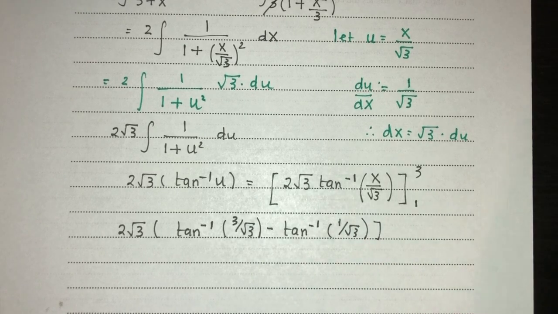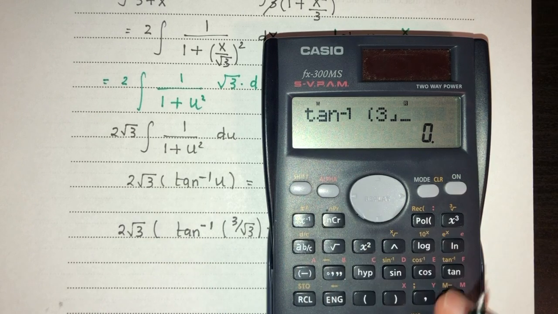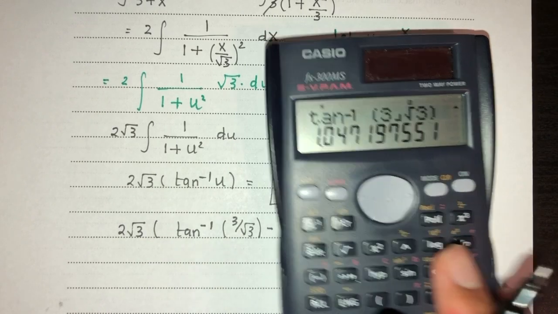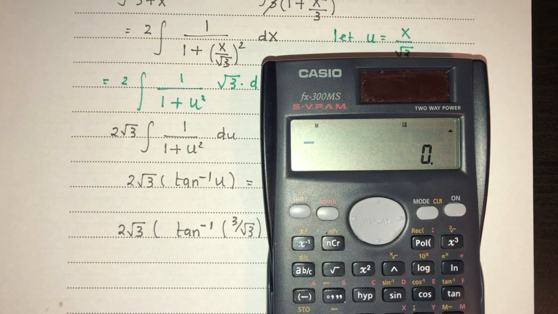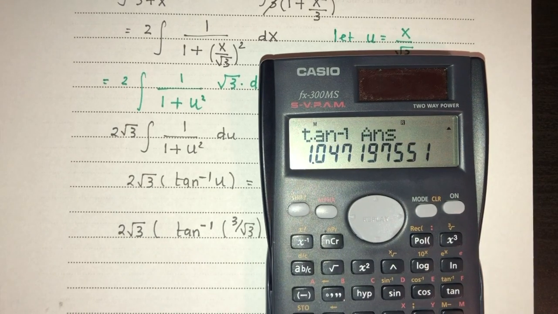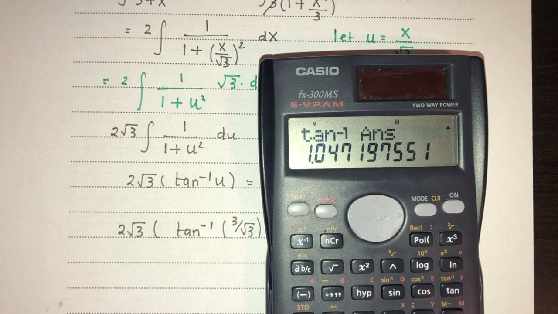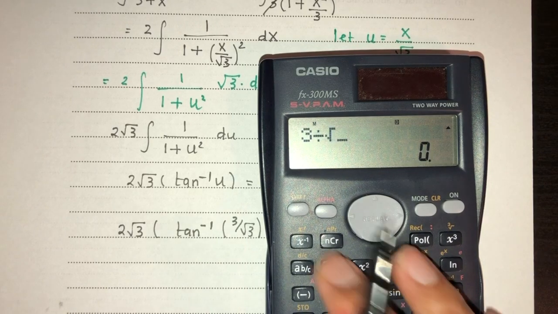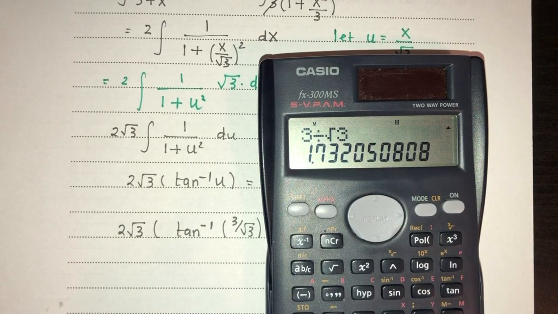Let's see what we get. Tan inverse of 3 over root 3. This value should be an exact value. Let me see. 3 divided by root 3 is actually root 3.